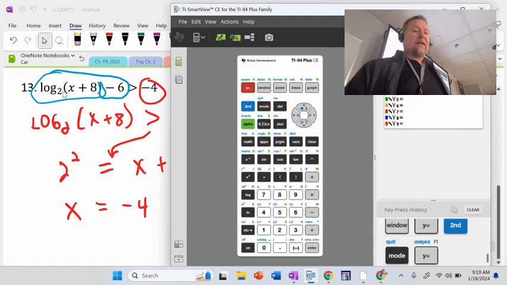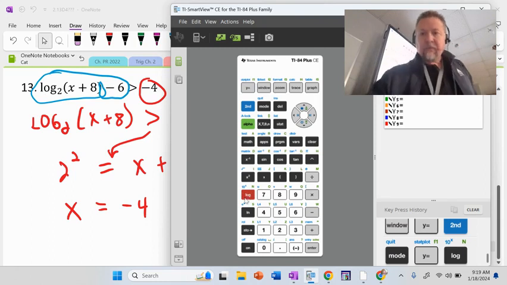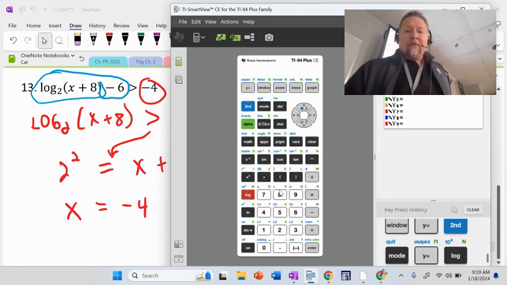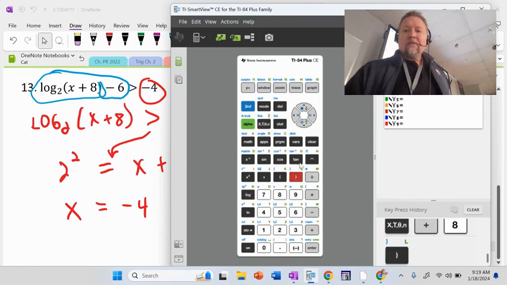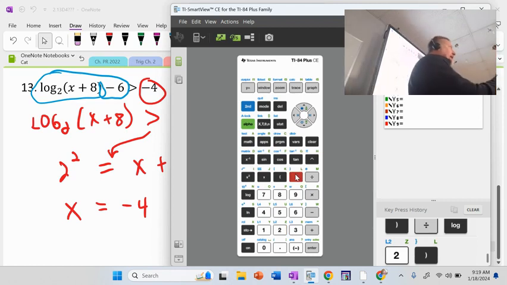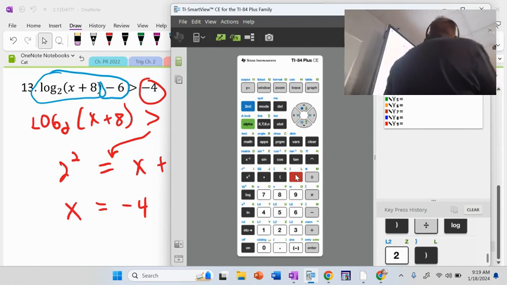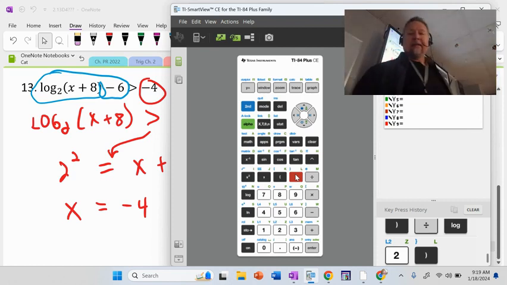They had to type this like this: log, it can either be log or ln, of the quantity x plus 8, watch up here, divided by log of 2. This is why in the bell work I covered the change of base formula yet again. So if you don't have that button because of your calculator, you must do that. Then minus 6.